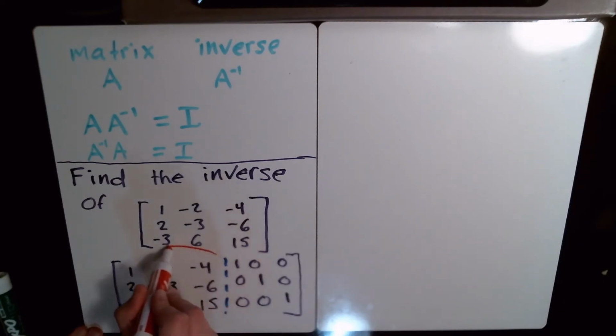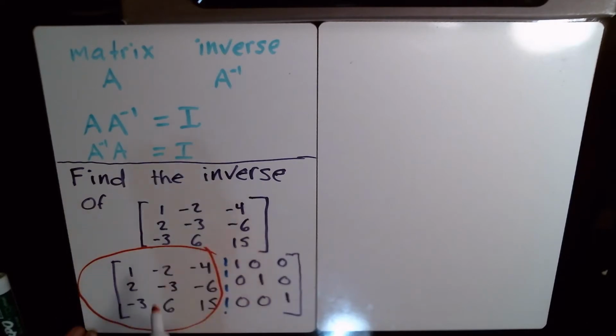So I'm going to row reduce this matrix here so that essentially you will end up with the identity matrix over here.